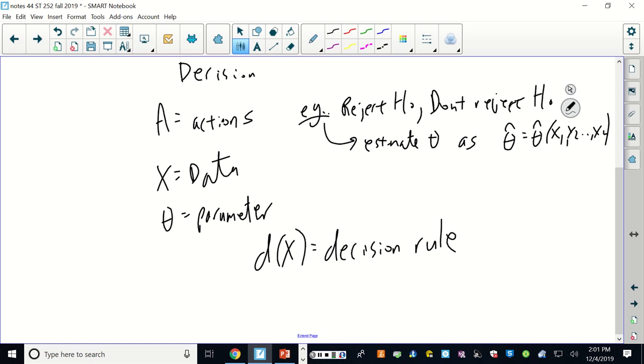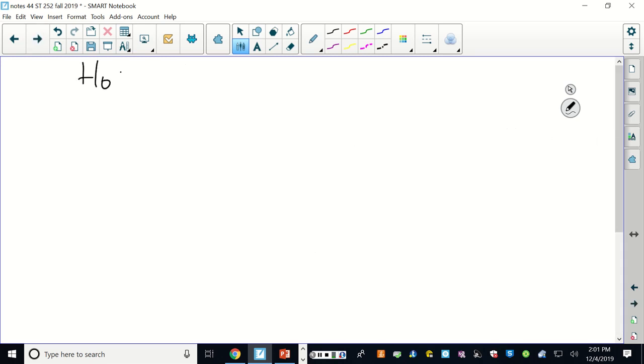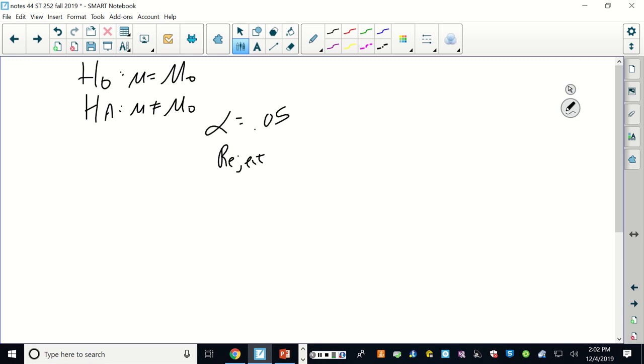For instance, in our hypothesis testing, if the mean is supposed to be some mu sub 0, and the alternative is that it's not this, and we choose alpha of 5% type 1 error, we can reject the null hypothesis if X bar is greater than, let's do it two-sided, mu sub 0 plus a t-value, 0.975 with n minus 1 degrees of freedom, we have to cut it in half for two-sided, times s over the square root of n.